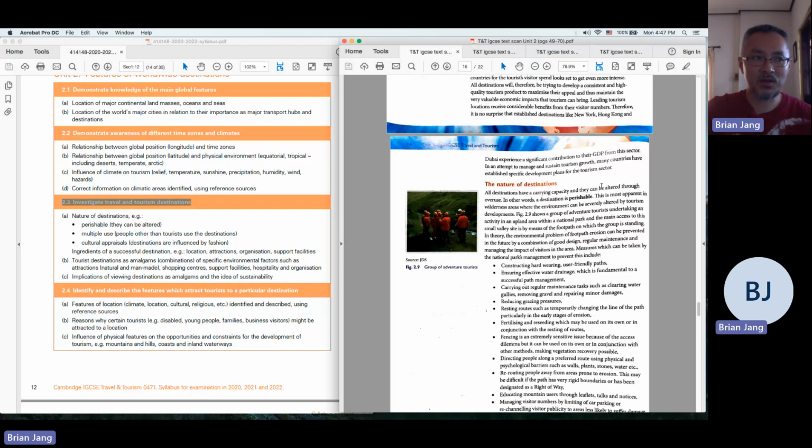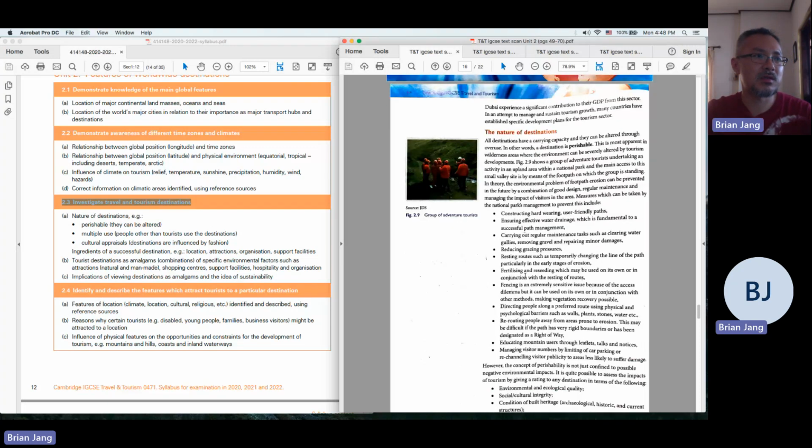So there's going to be a lot of traffic, of people, of transportation, and because of that, people stepping on things, trucks and cars and buses driving through things. You have erosion of land that's going to happen over time, that makes a destination perishable. It means that it's starting to fade away and it needs to be taken care of so that it continues to look good and continues to be a place where tourists like to go.